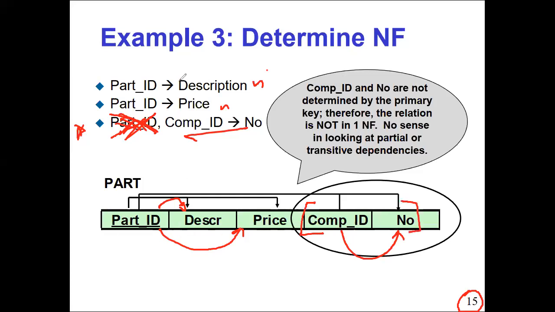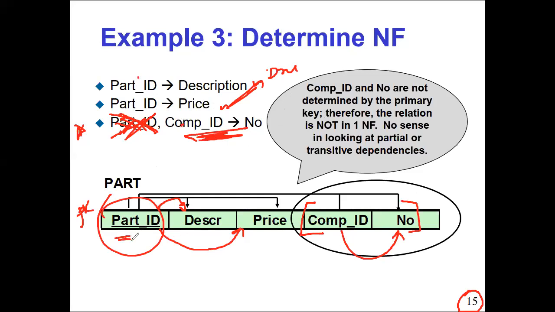Now I am going to write here, part ID description, part ID price. These two are directly depending on the primary key. Part ID is the primary key, but you can see the comp ID. Comp ID is not depending on the part ID.